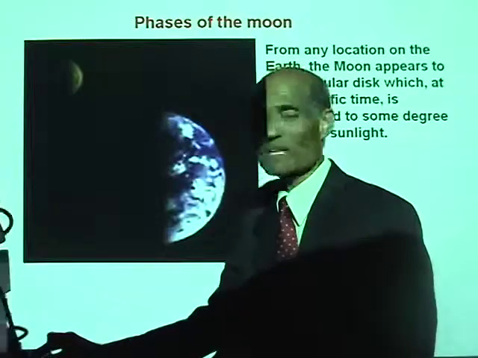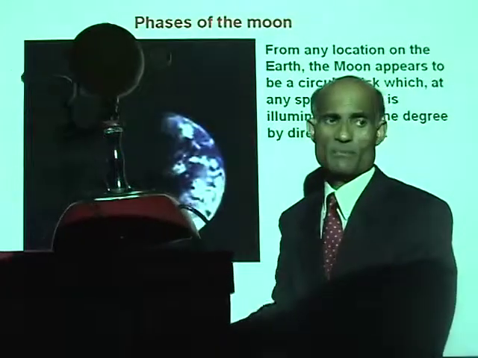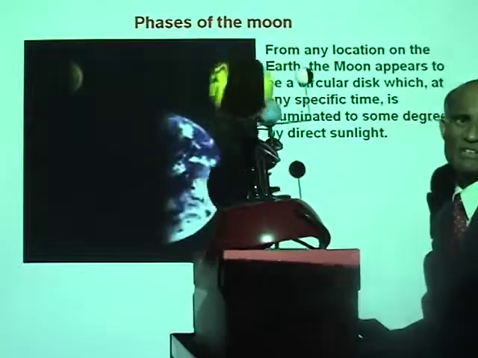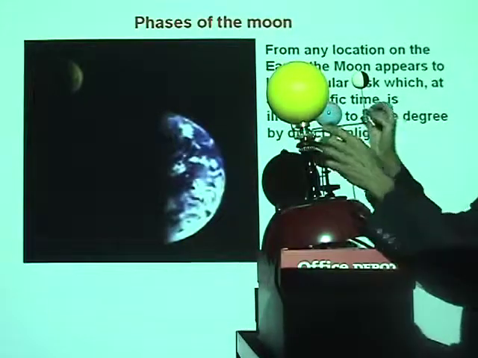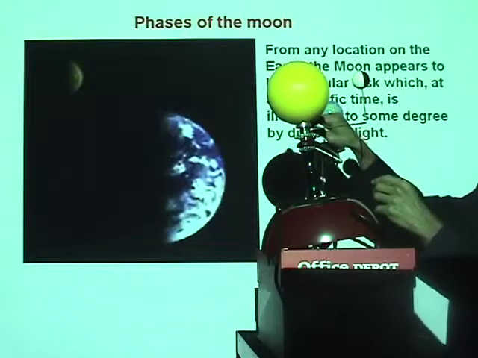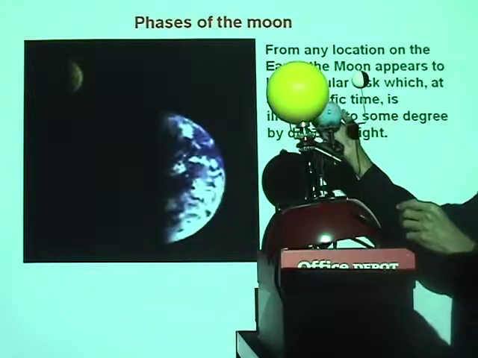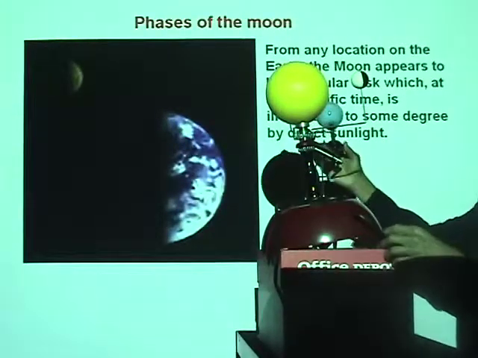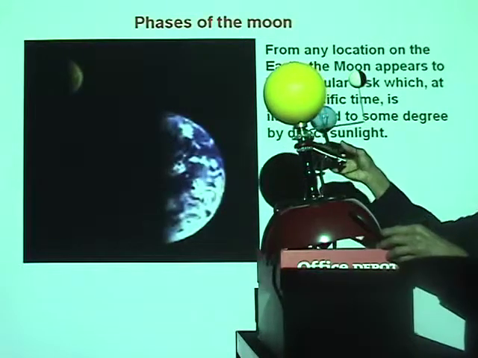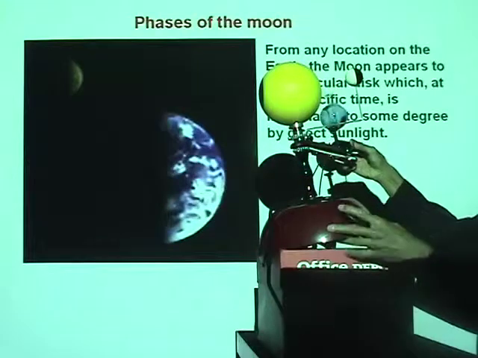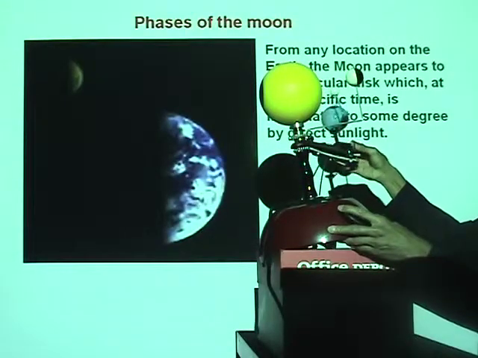Now, if you can have a look at this, let me see if that is visible there. Now, this is the sun, and if you have the moon here, can you see that moon over here? There, you can see the moon going around the Earth.